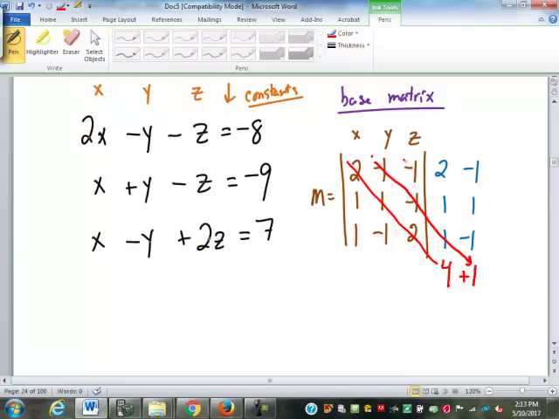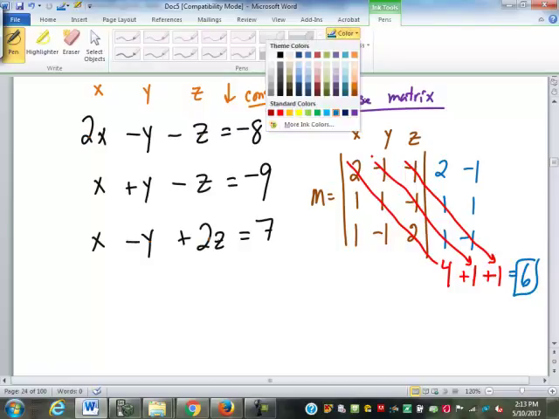Now the third one, we've got negative 1 times another negative 1. That gives us positive 1. Now those all add up to 6. That's my down diagonal for this matrix, the total of those 3 diagonal products.